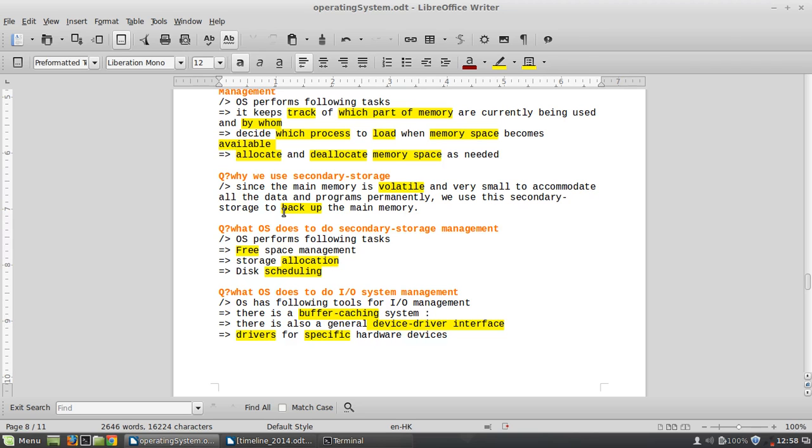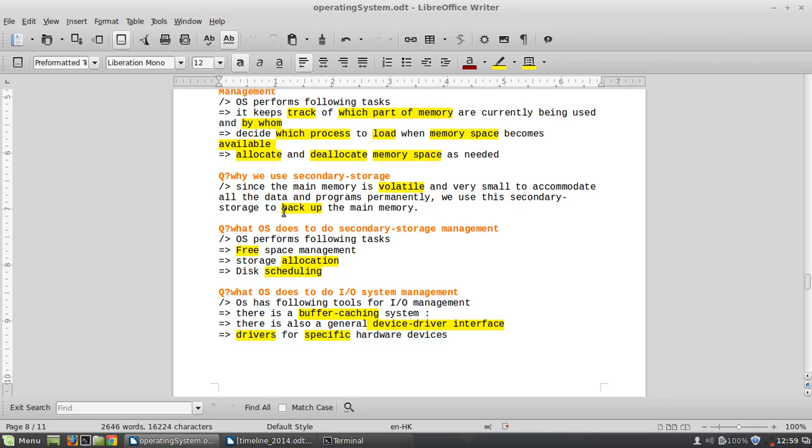Only limited data and limited programs can be stored in the main memory. Considering this, we use secondary storage to back up the main memory. It acts as backup storage, so that any extra data, files, directories, or programs can be stored here. It acts as a reservoir.